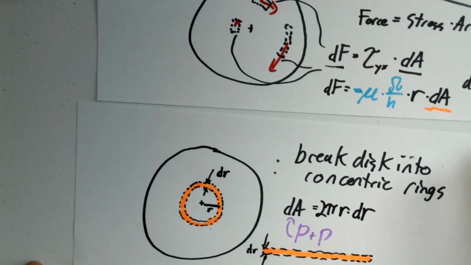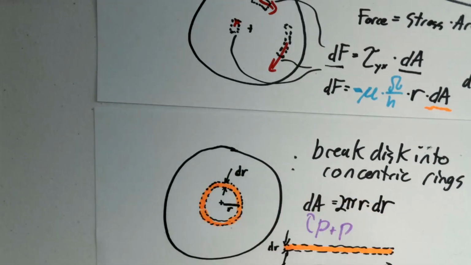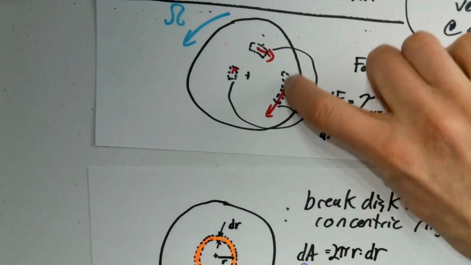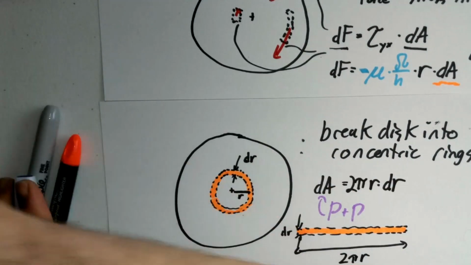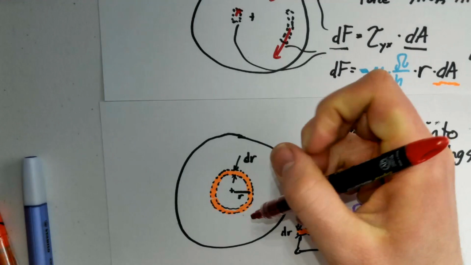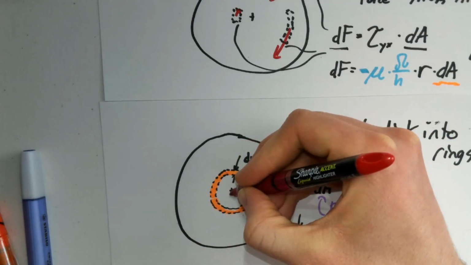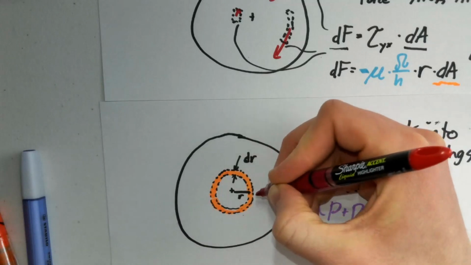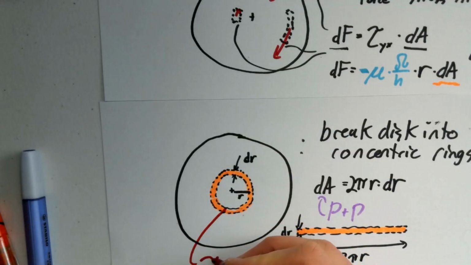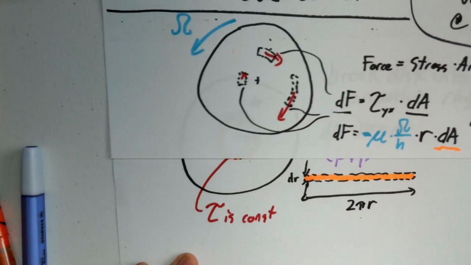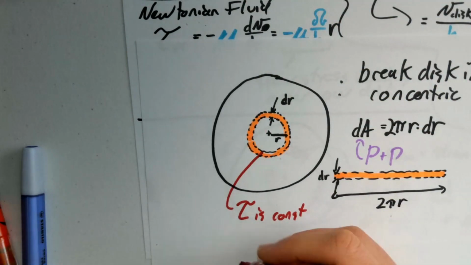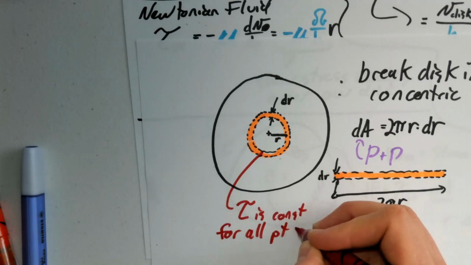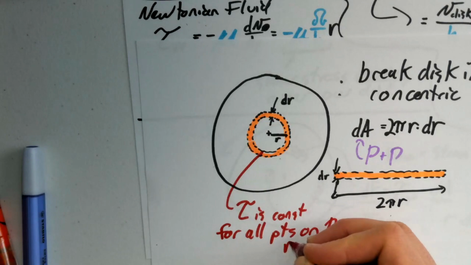So now, why did I want to break this up? Why did I want to break up this disk into this concentric ring, instead of into little dA patches like this? Well, if you imagine the shear stress at any point on a ring like this, all of the points on this ring are the same radius from the center. So shear stress is constant for all points on this ring.